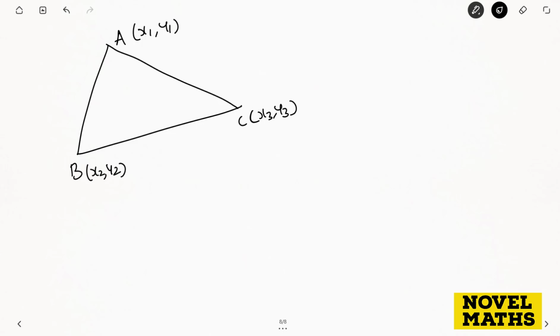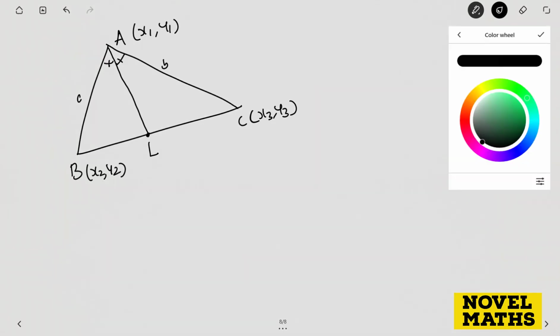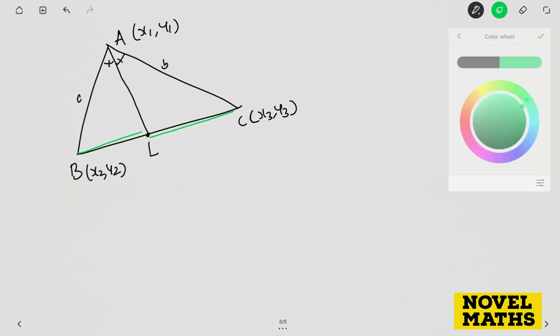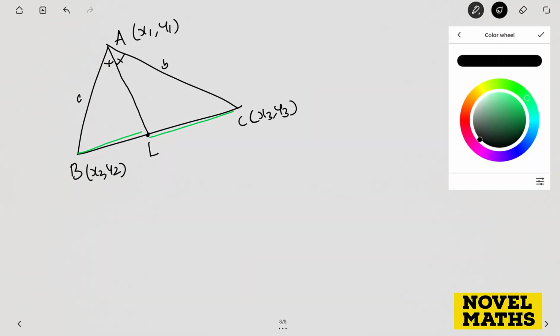All right, and it says angle A bisector of this one, it will meet somewhere, let's say this point L, on BC. By using the angle bisector theorem, you know this ratio BL over LC will be the same as c over b. All right, and one more point is given.